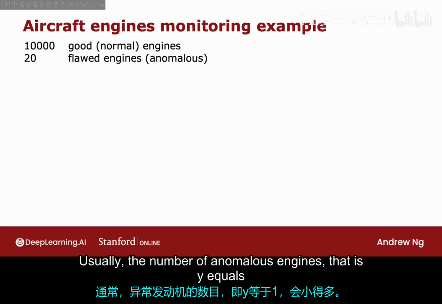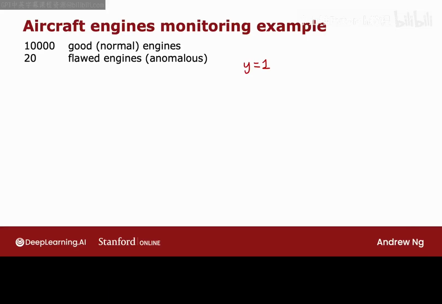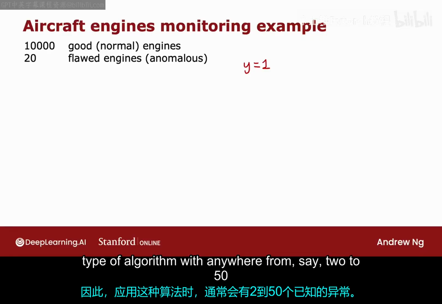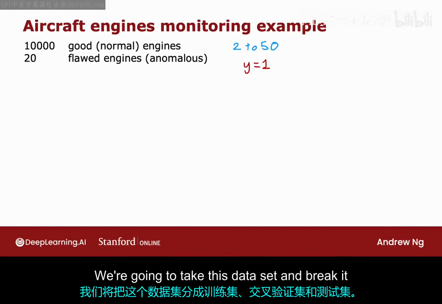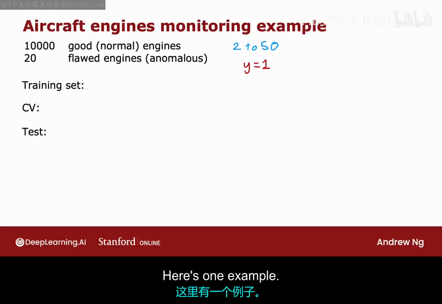Usually, the number of anomalous engines, that is y equals 1, will be much smaller. And so it would not be atypical to apply this type of algorithm with anywhere from, say, 2 to 50 known anomalies. We're going to take this data set and break it up into a training set, a cross-validation set, and a test set. Here's one example.